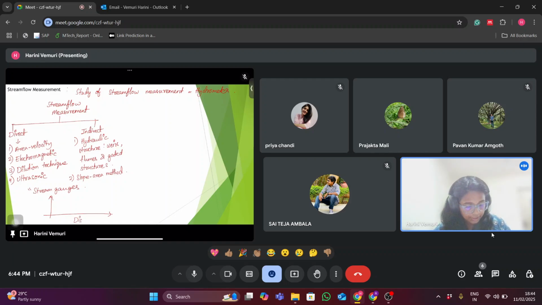Based on this flow or discharge value and the height of the water within the reservoir or stream or dam, we will get a curve which will relate the discharge and elevation within the stream. So as the discharge is increasing, obviously the depth of water in the river should increase, right? So it is an increasing curve, and this relationship is called stage discharge relationship.